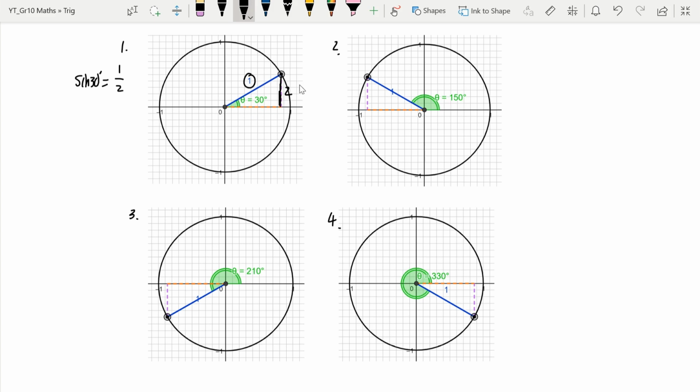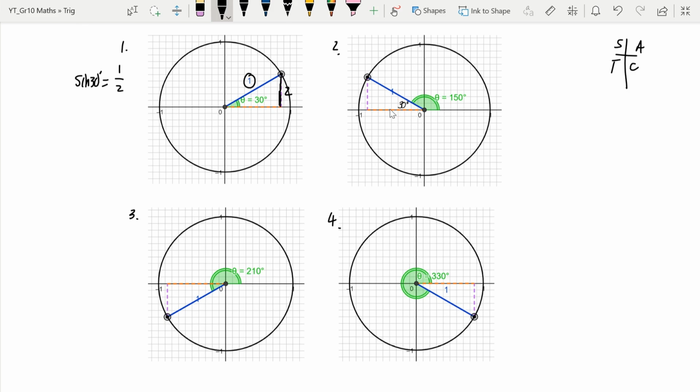Okay, let's go to the second quadrant. According to our CAST diagram, we know that sine will have a positive ratio in the second quadrant. Now, do you notice over here that I created the exact same triangle in the second quadrant? Why is that? That angle over there will also have a 30-degree angle because 150 plus 30 is 180.